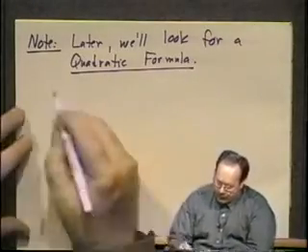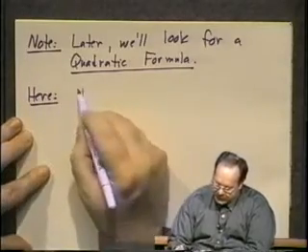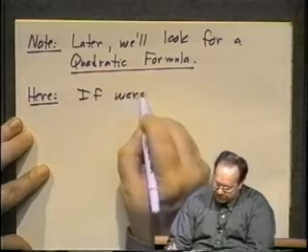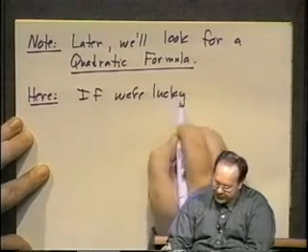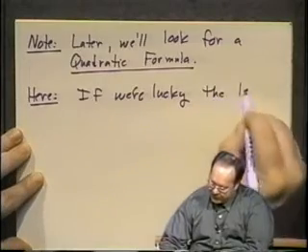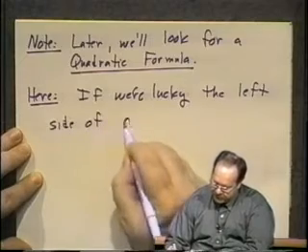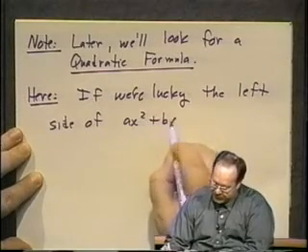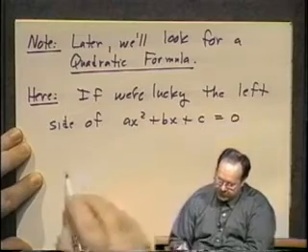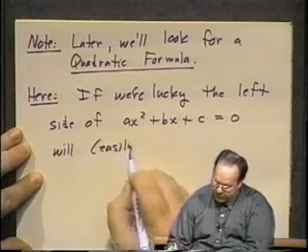What we're going to do here is, if we're lucky, the left side of that standard form, ax squared plus bx plus c equals 0, will easily, we hope, factor.